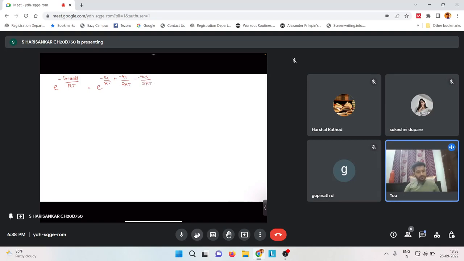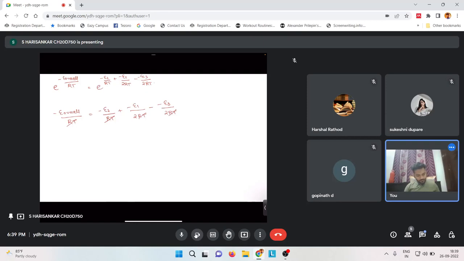Now just take the ln on both sides, or equate the exponential terms itself. We will have -E overall/RT is equal to -E2/RT plus (-E1/2RT) minus (-E3/2RT). So we can cancel RT on all the sides.